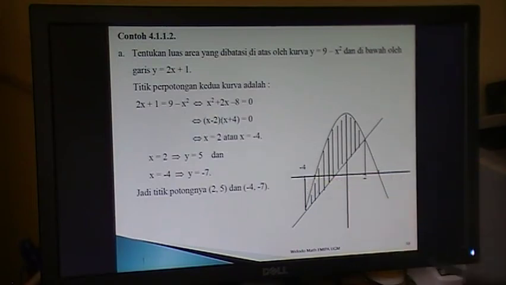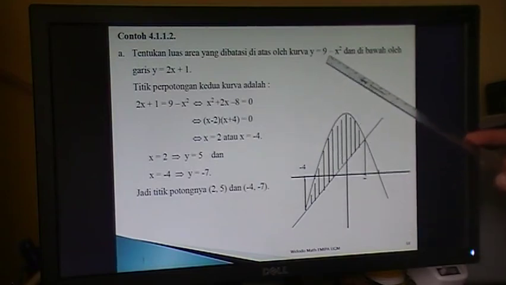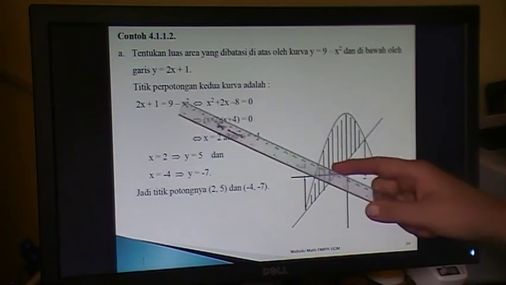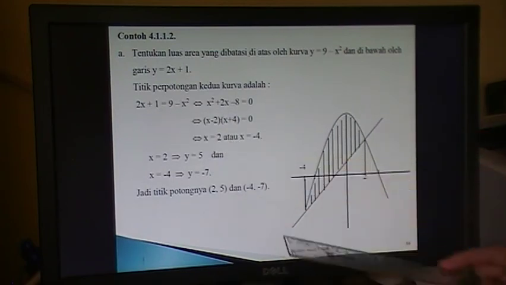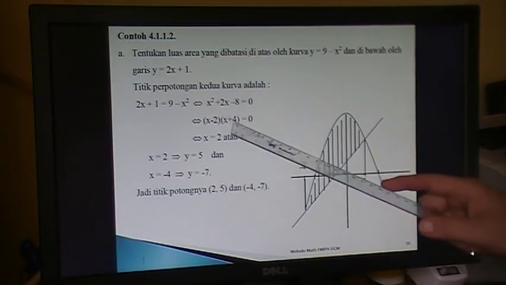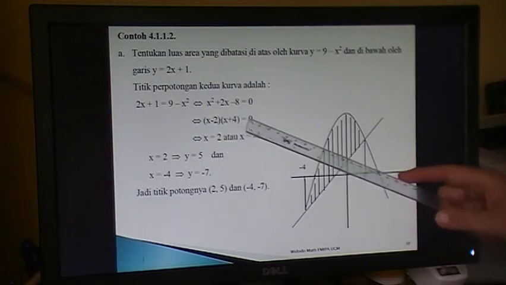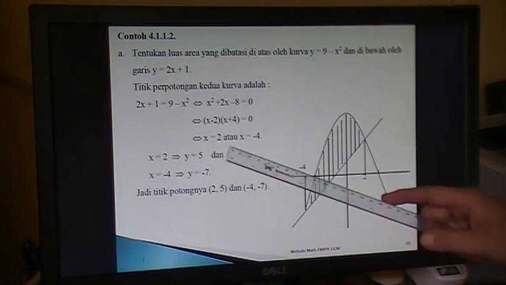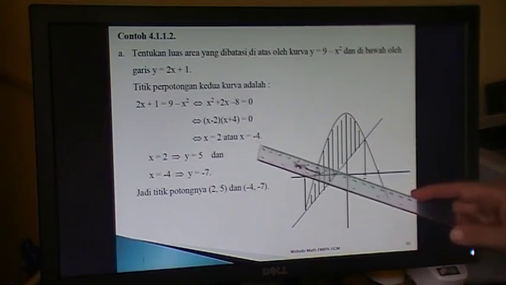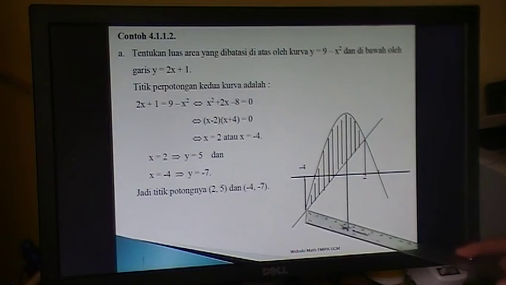The intersection can be found by taking the difference between 9 minus x squared and 2x plus 1, which is equal to minus x squared minus 2x plus 8, that is x minus 2 times x plus 4 equal to 0. That means x equal to 2 and x equal to minus 4. These are the intersections.